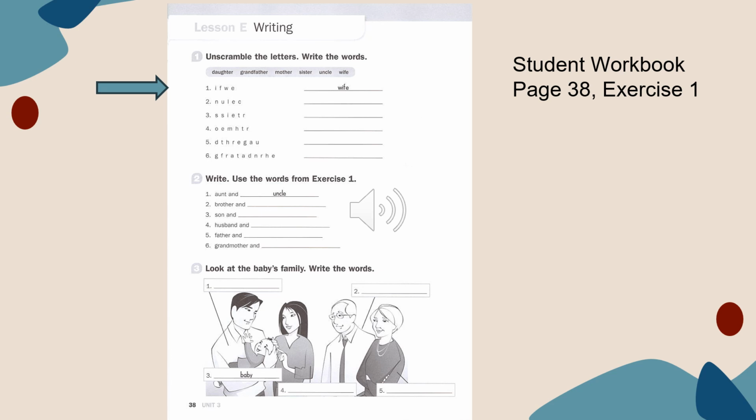Look up there and see, what do you think it spells? And I'm left with daughter, grandfather, mother, sister, and uncle. Which one? Then unscramble number 3, 4, 5, and 6.